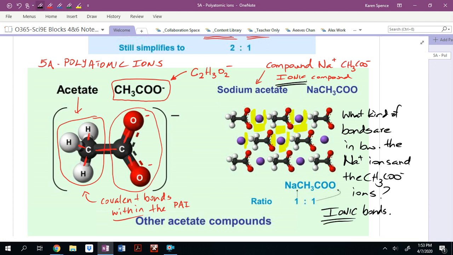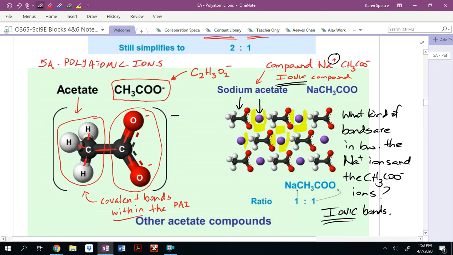I want you to take note of the ratio of the sodiums, the purple ones, to the acetates. The ratio is a 1-to-1 ratio. For every one sodium, there's one acetate. Why is that the ratio? Answer that for yourself. Pause and answer it. Why is the ratio 1-to-1?